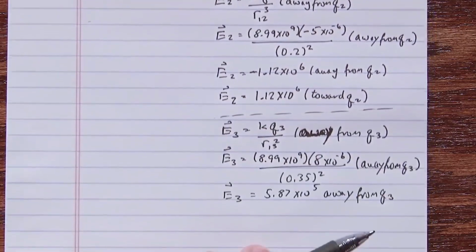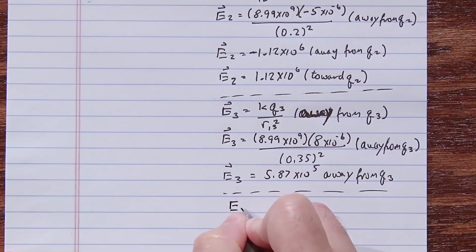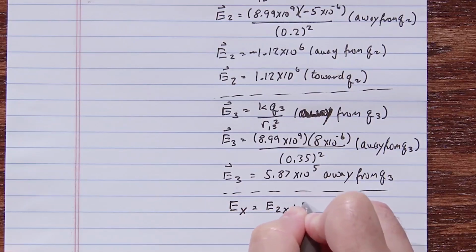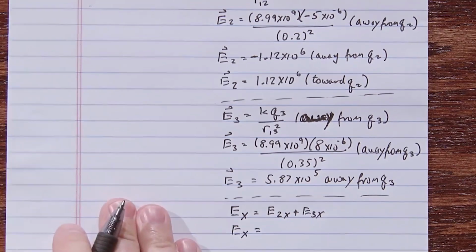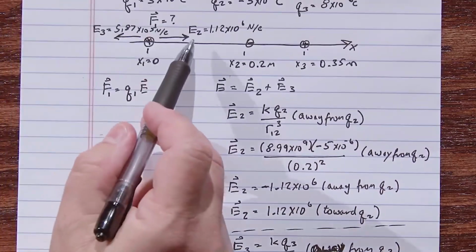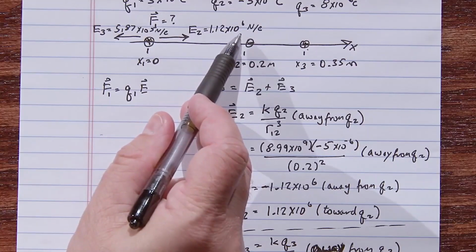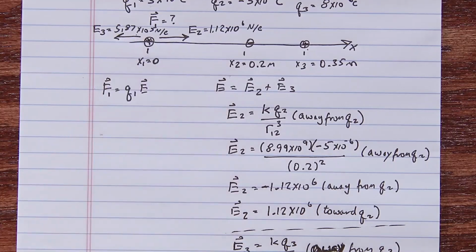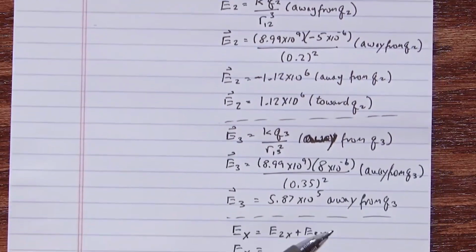So Ex would be equal to E2x plus E3x. So the component of the electric field in the x direction would be positive 1.12 times 10 to the 6 newtons per coulomb from Q2, and negative 5.87 times 10 to the 5 newtons per coulomb from Q3.